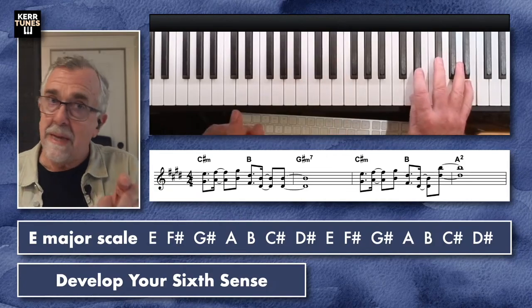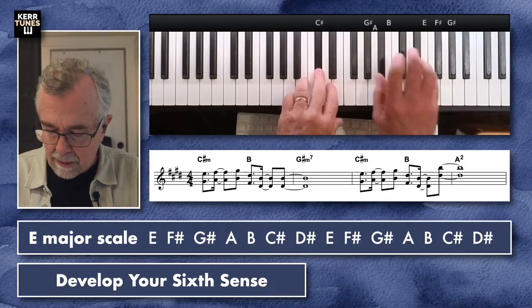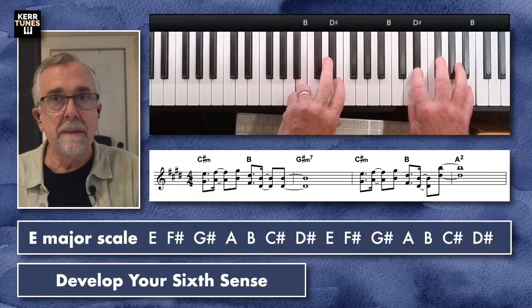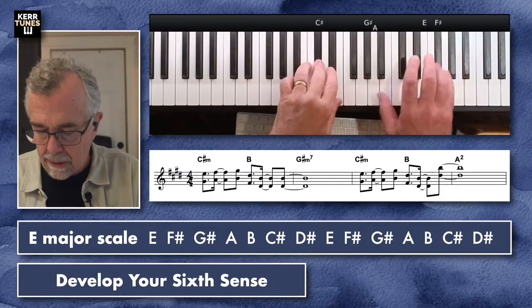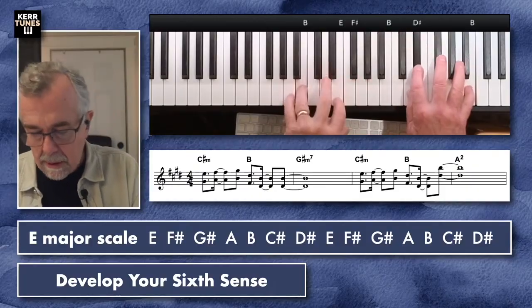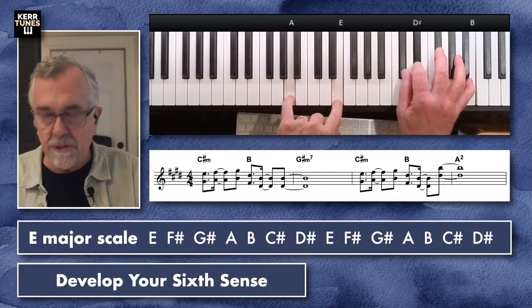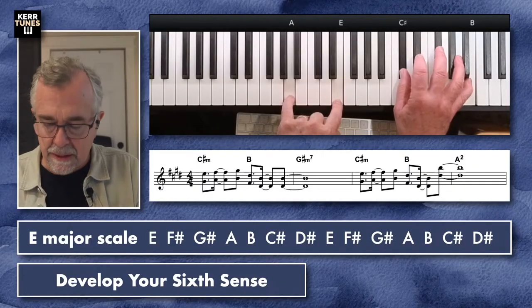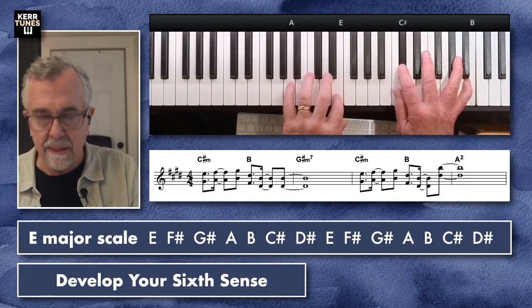Now here's another example. I just am full of them. For the last passage where it goes to the B on top, D sharp below it, I know I can resolve this D sharp dissonant note down to the C sharp. And now look what happened. That's a 6th.